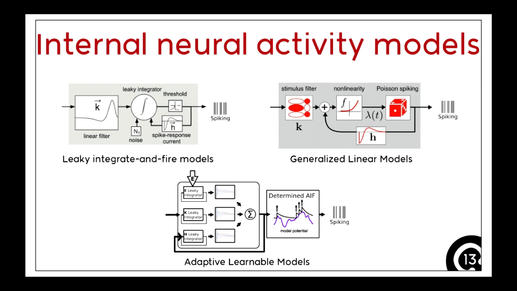But for learning the desired activity of neural cells, generalized linear models are used, where the input filter and recurrent filter are all learnable functions, and they are fit to examples of recorded neural data.